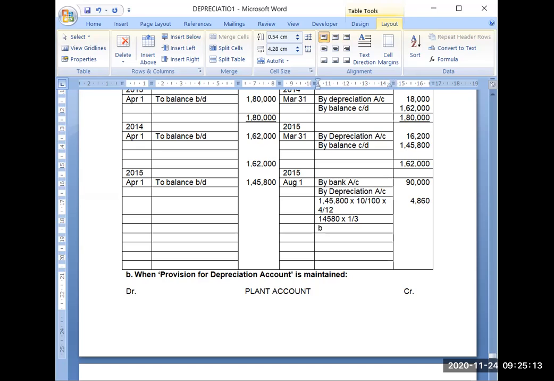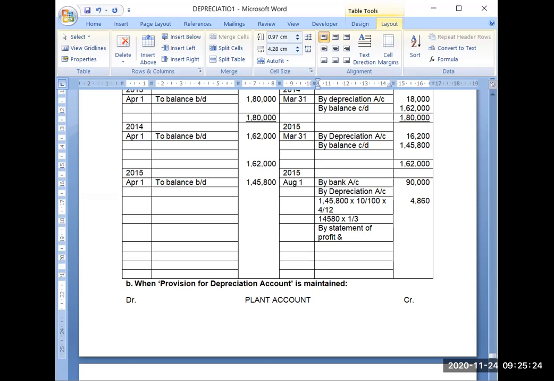Now we will calculate the loss on the sale of this machinery by statement of profit and loss.